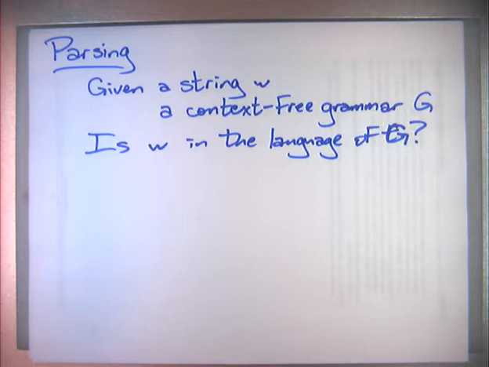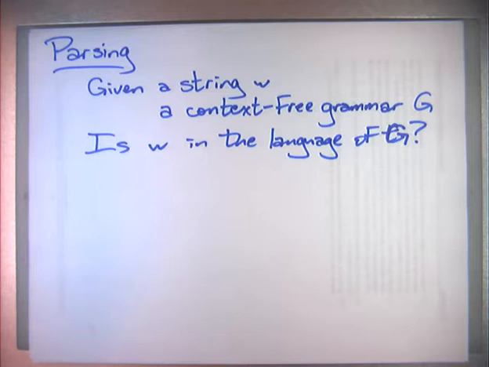Okay? Now, the language of Python programs is not a regular language because you have various kinds of nesting, parentheses, and so on. But it is a context-free language. It can be described by a context-free grammar. And so this becomes an instance of this problem.